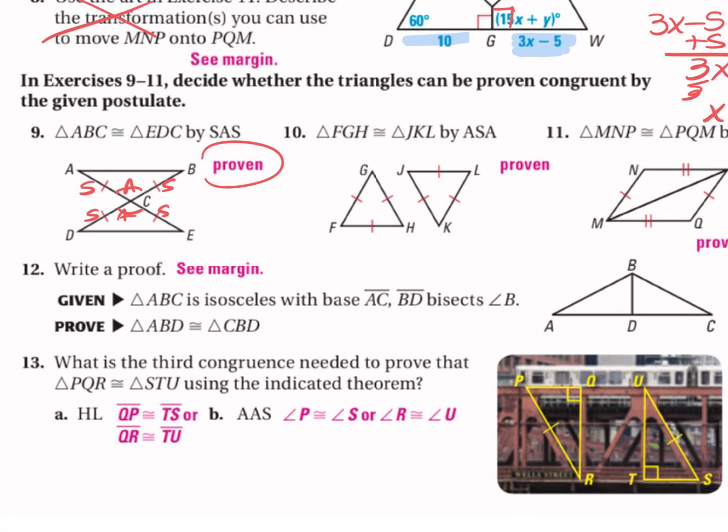Next one wants angle, side, angle. So on this one, if you recognize that these are equiangular, that also tells me that all these angles are going to be 60. So they're all congruent, which would make them congruent here as well. So I do have angle, side, angle here, just because I know all the angles in an equilateral triangle are all going to be 60.